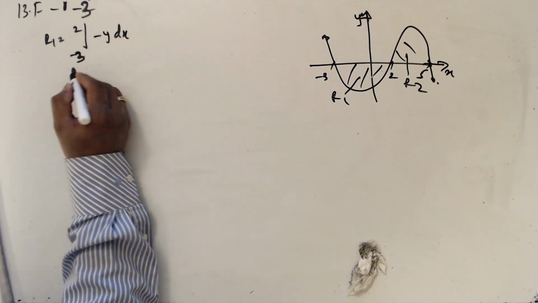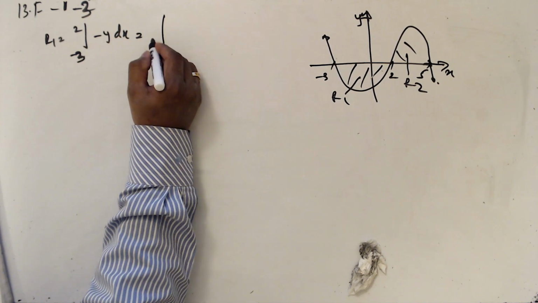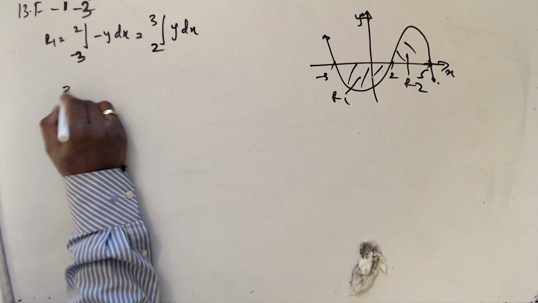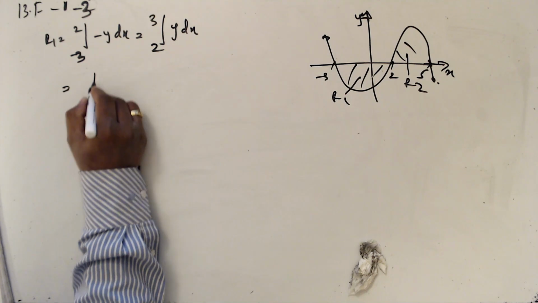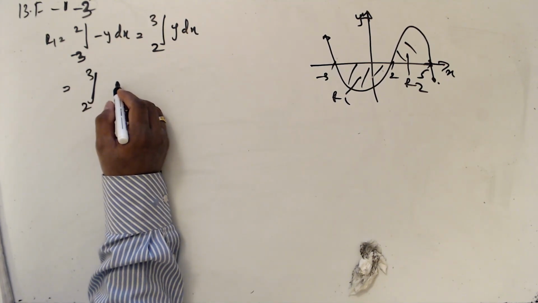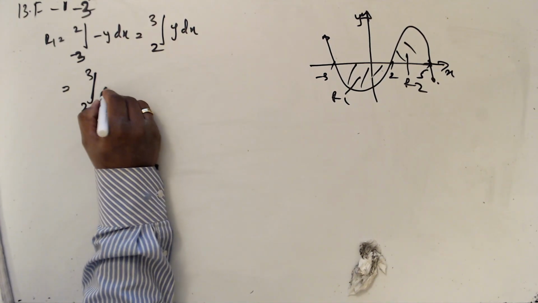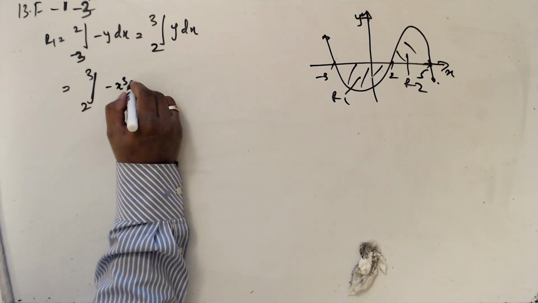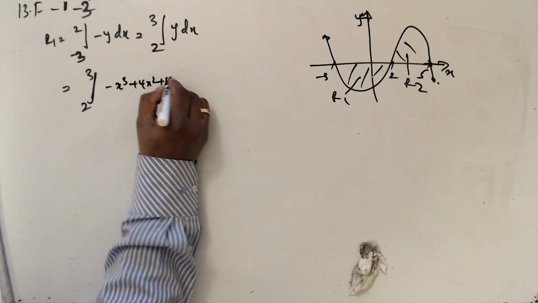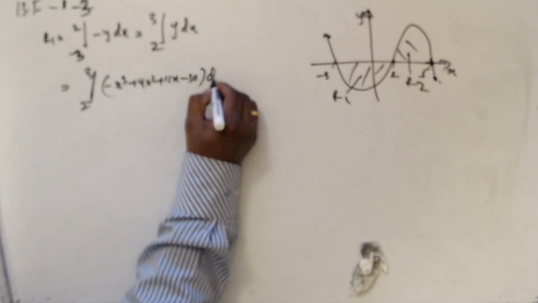Now this is going to be the integral from minus 3 to 2 of y dx, where y is minus x cubed plus 4x squared plus 11x minus 30, dx.